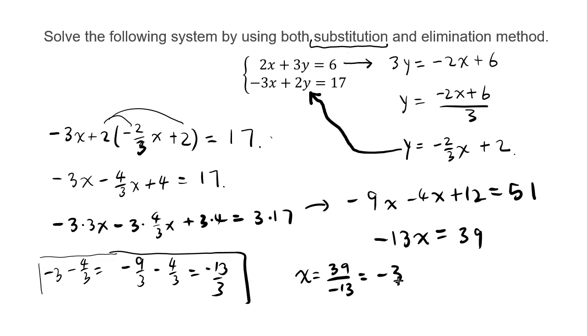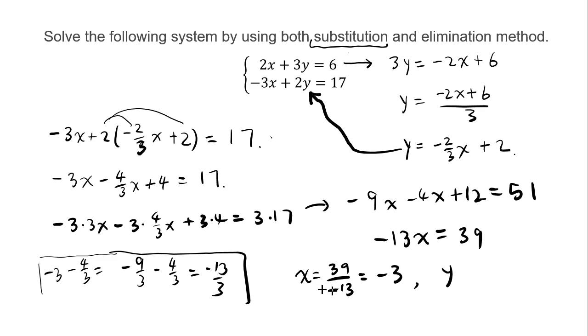So this will be negative 3. But don't stop there. You have to plug it back into this equation here to get the value of y. A lot of people stop right here thinking, oh, I got the x, so that must be the answer. But no, if you're solving a system, you have to write both the x value and the y value.